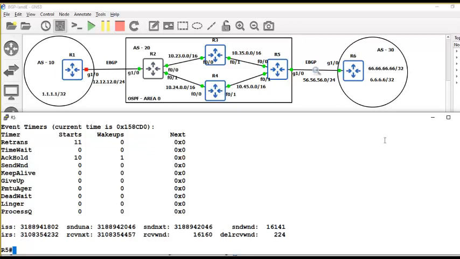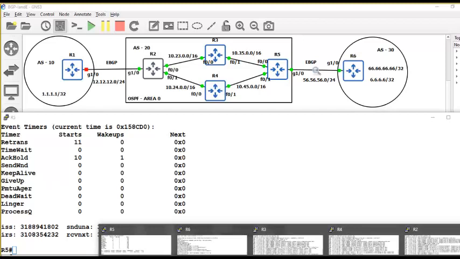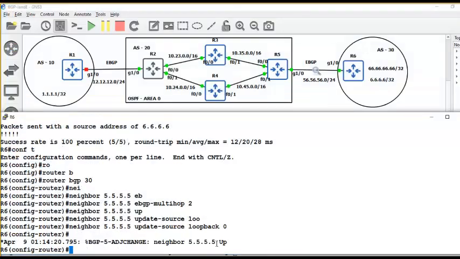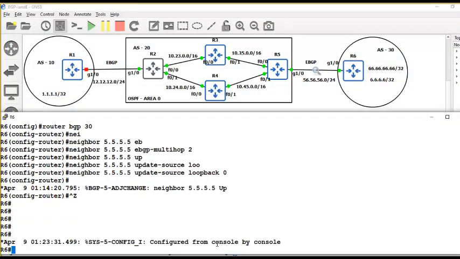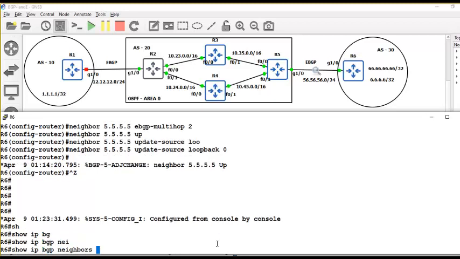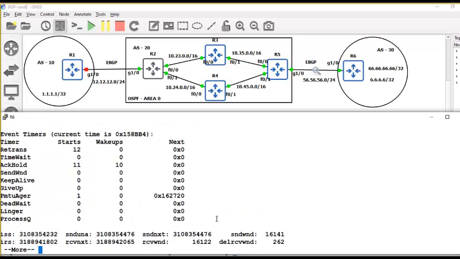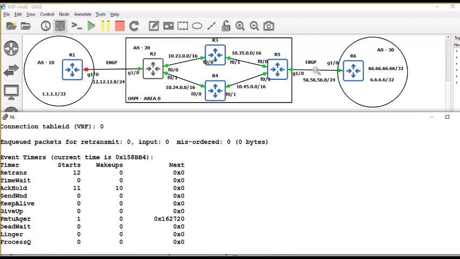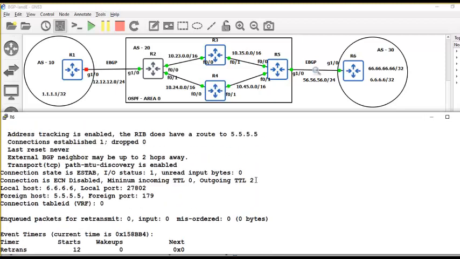Now next is, there's a big argument between me and Murli. What is that? Murli says, what is this? You are saying the outgoing TTL value is 2. There it is. Outgoing value is 2. But incoming you don't care.